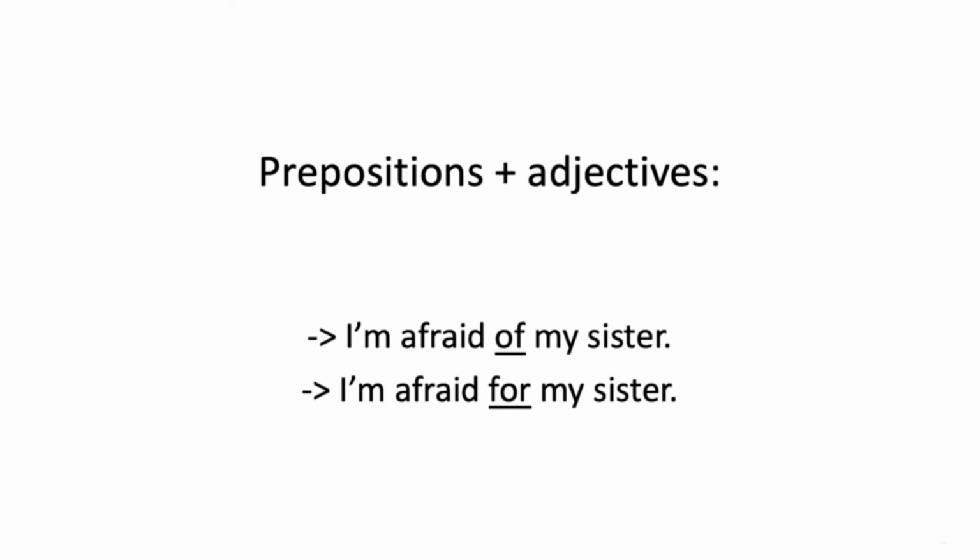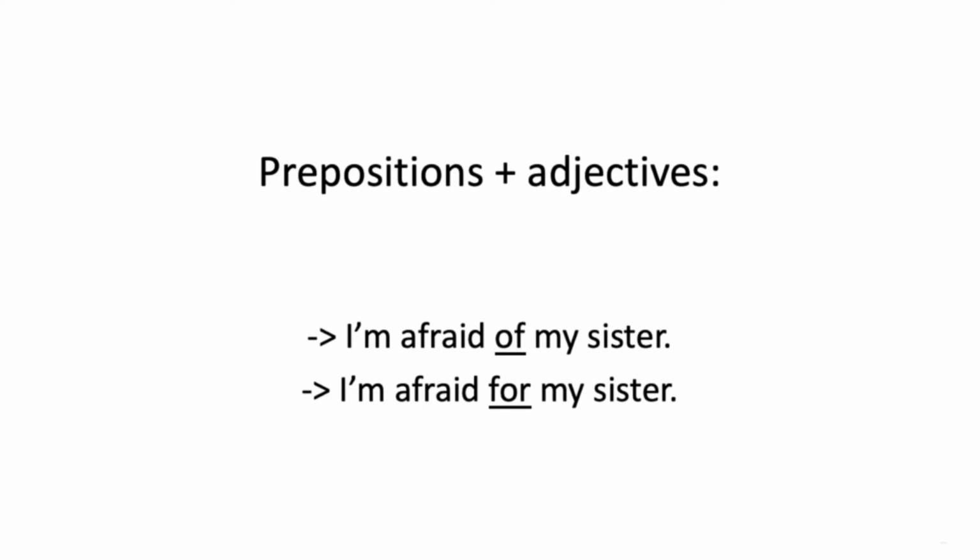I am scared. I am afraid of my sister. She is scary. The second sentence, afraid for, means I am worried about my sister. I am afraid for her. I hope she is okay.